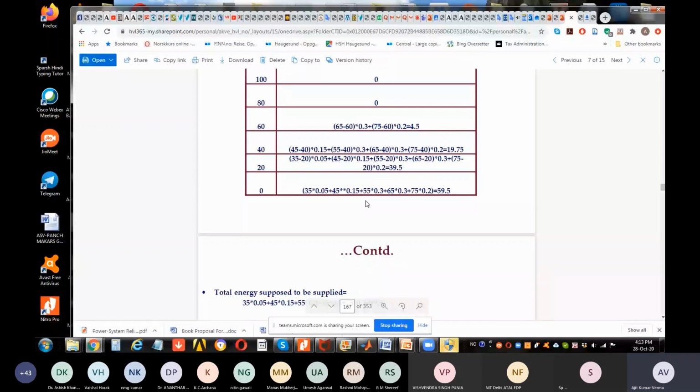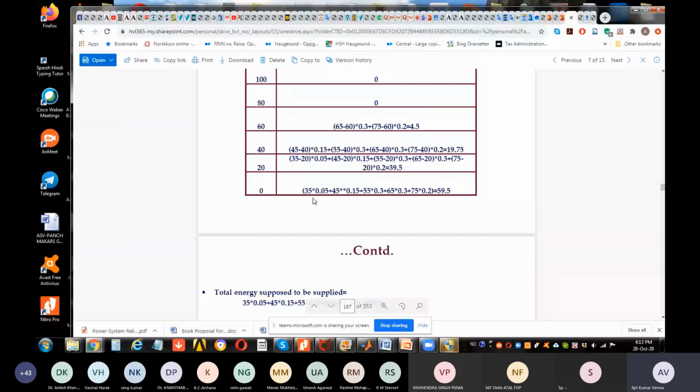The entire load is lost because the generated capacity is only 0. So 35 lasts for 5%, 45 lasts for 15%, 55 lasts for 30%, 65 lasts for 30%, and 75 lasts for 20% of the time. You multiply and you get 59.5.